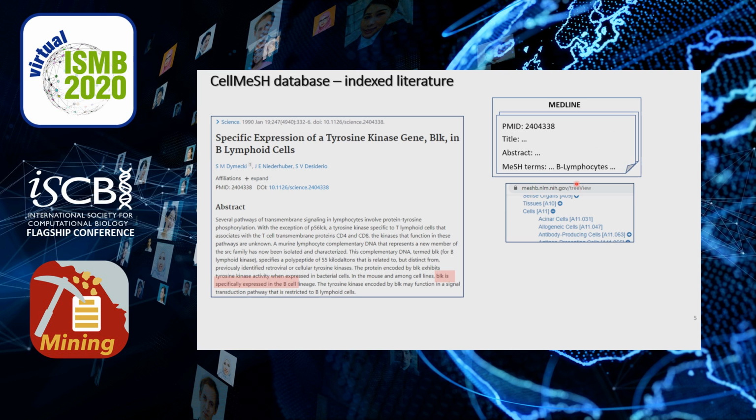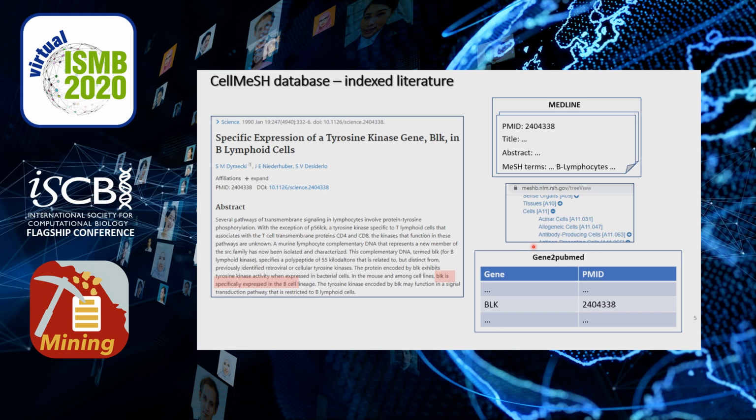MeSH is a controlled vocabulary in tree structure that contains important biomedical concepts, including 570 cell types. We also noticed there is Gene2PubMed database that indexes important genes to related PubMed articles. So we want to associate the genes indexed in Gene2PubMed and the cells indexed in Medline to create a database that is rich in gene cell type information.